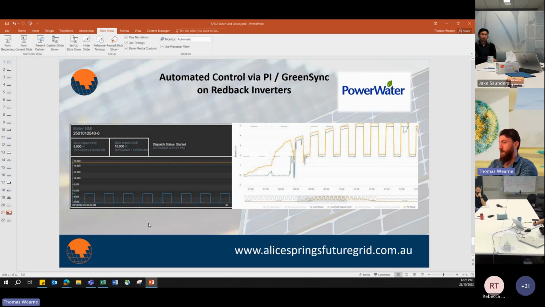So the system is even clever enough to receive from the Redback inverters confirmation that they've understood the instruction, actuated that request, and that it is now in operation. This is the sort of thing that would allow you to do it on thousands of sites and not require a huge team of people sitting there being able to press the button, and being able to do it at quite minute intervals.